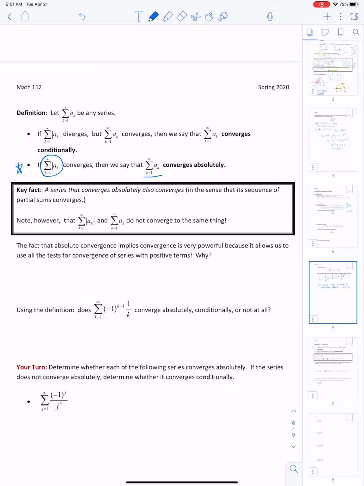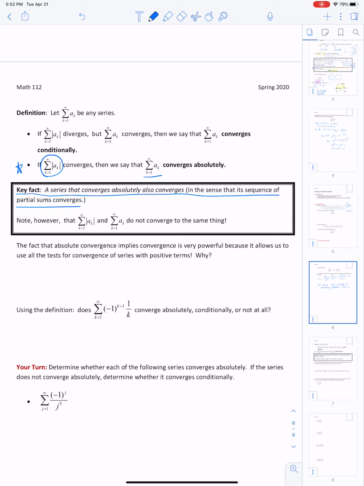The key fact that we just described in your previous activity is that if a series converges absolutely, then it must also converge. Of course, the limits don't have to be the same, and in fact they won't be if a_k has some negative terms in it.